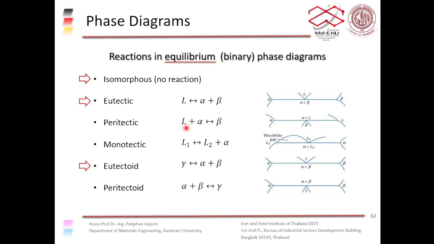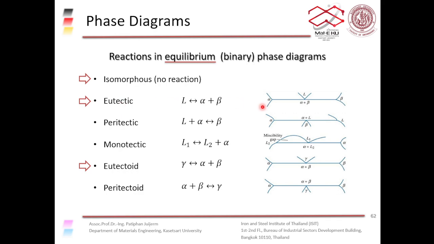and to make it a little bit easier for you, if you notice the eutectic reaction and eutectoid reaction, they are very similar, right? If you look at the phase diagram, you see that two lines coming down, those two lines meet, and below the point where the two lines meet, you have two phases, right?